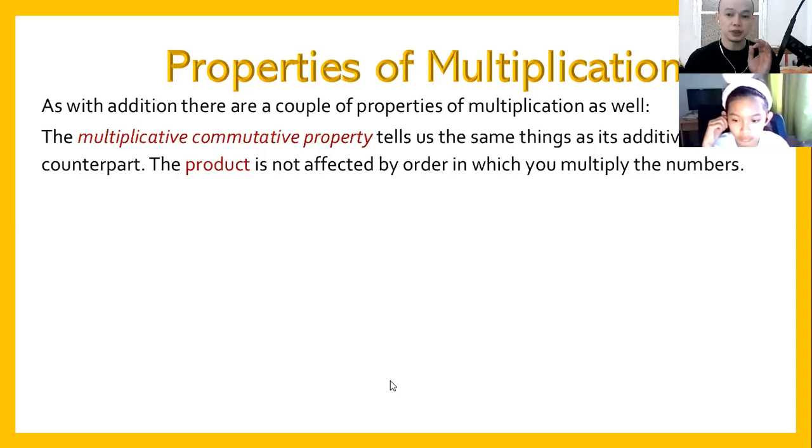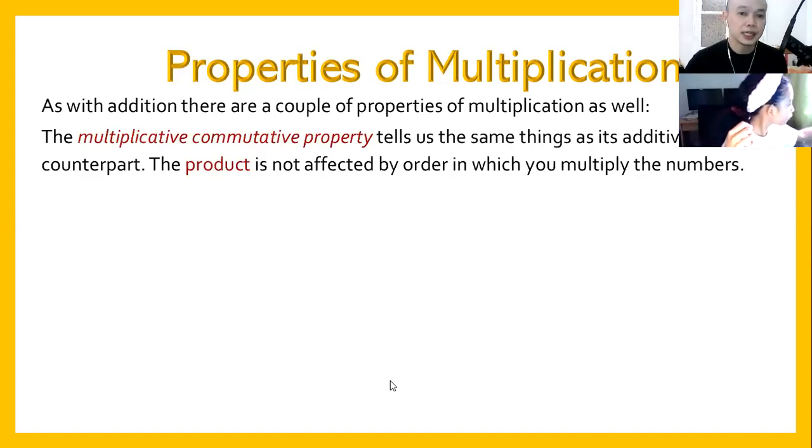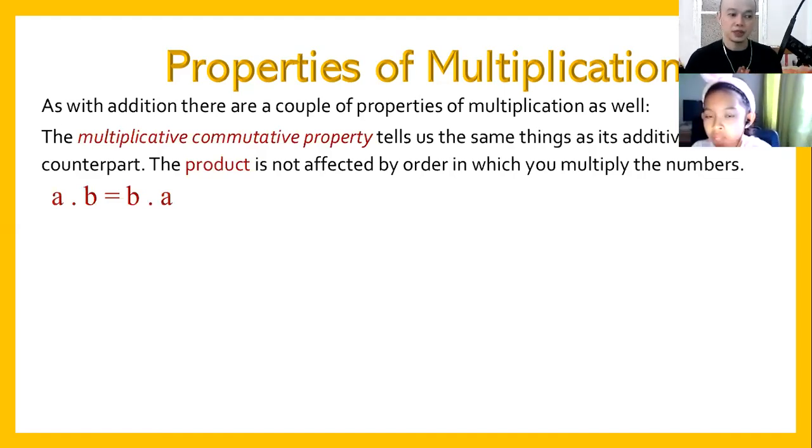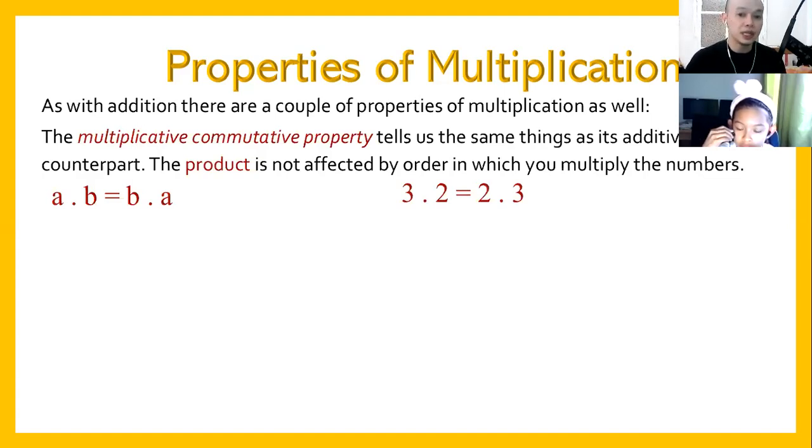Whether you put this number here or there, it will yield the same result. A times B is exactly the same as B times A. The same as with addition, the order doesn't affect the sum. For example, 3 times 2 is equal to 2 times 3. Okay, Crystal?